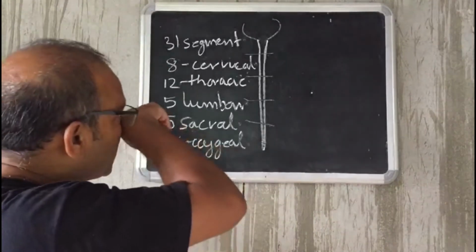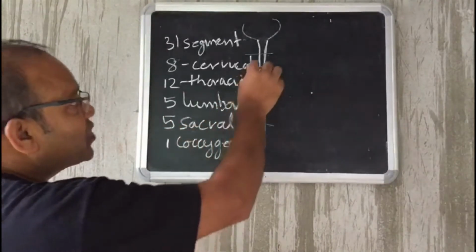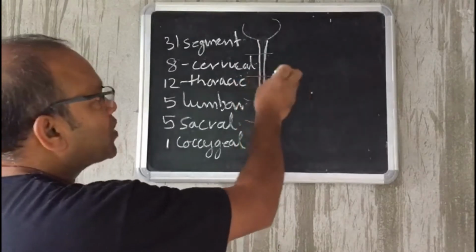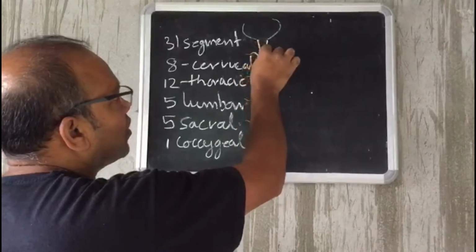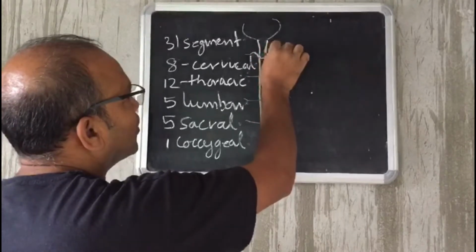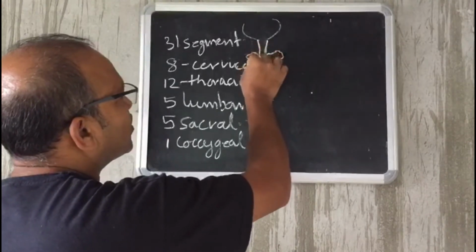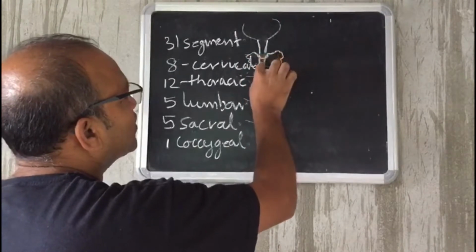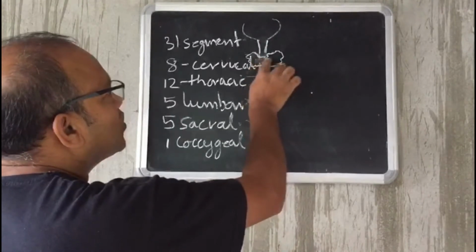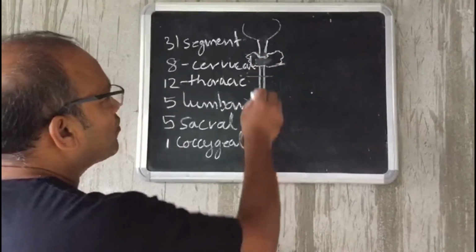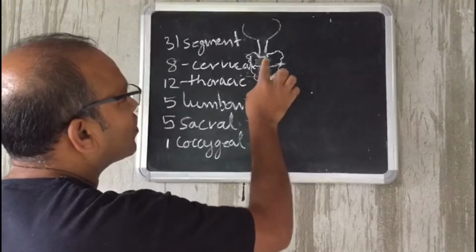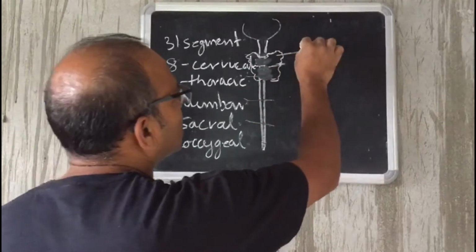Now, before that, I think we need to remember here that this spinal cord is not open. It is protected by vertebrae like this. A number of small bones put together make up the vertebrae, piled one on top of the other.